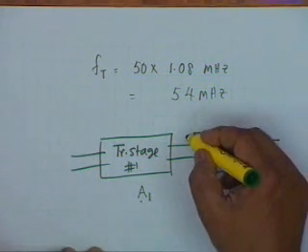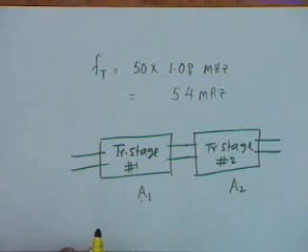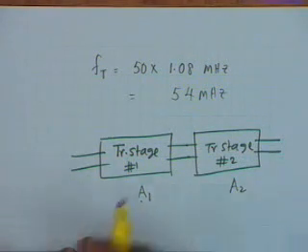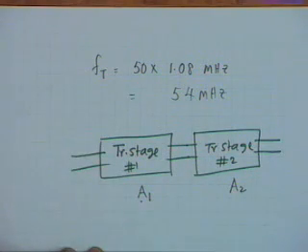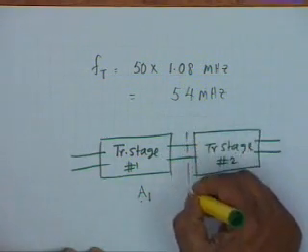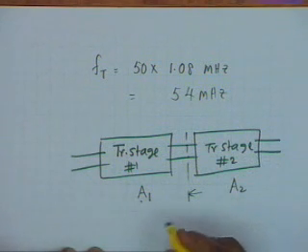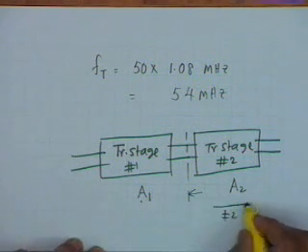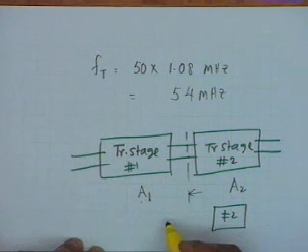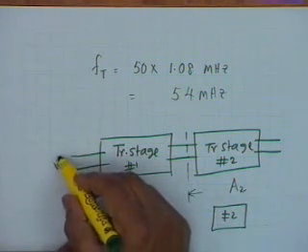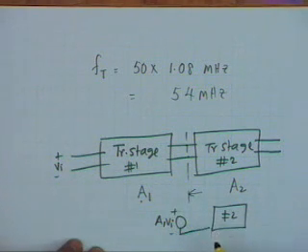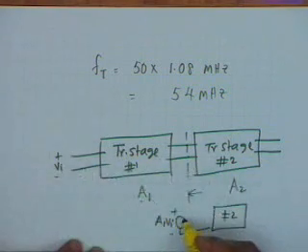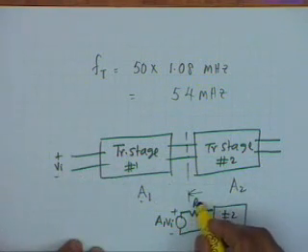But if you calculate A1 by open circuiting this, open circuit voltage divided by this, then the A1 A2 formula shall not be valid, because if you look back here, transistor stage 2 is being driven by, let's say if this is VI, A1 VI, the Thevenin source in series with the Thevenin output resistance, let's say RT.